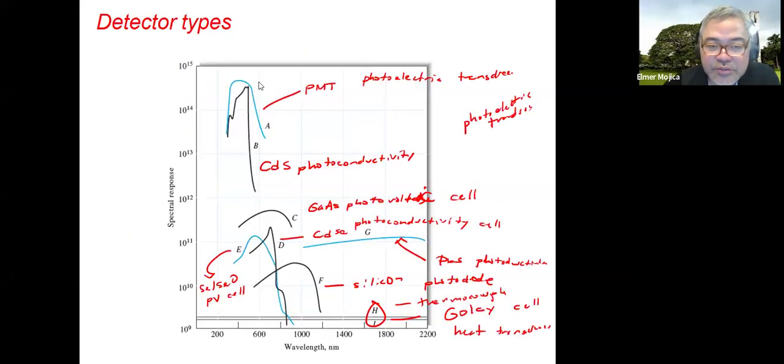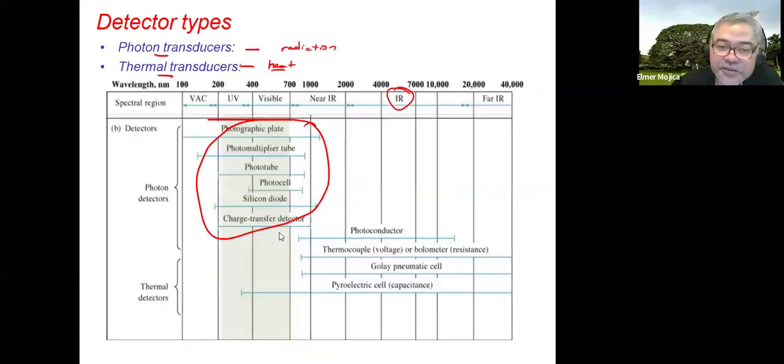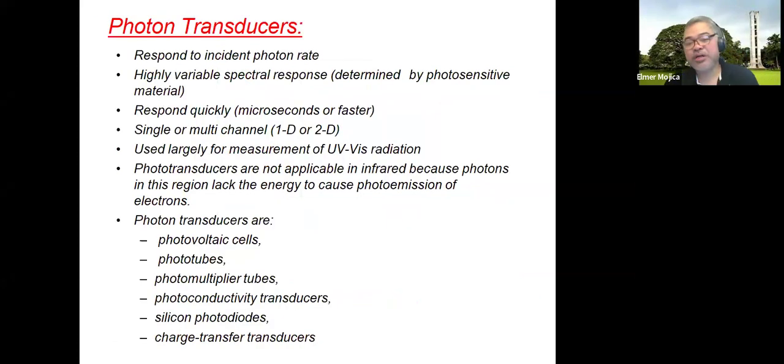Some of them are high, like the PMT and photoconductivity, some of them are low. So there's a variation in the spectral response that they have. It responds quickly, in microseconds or faster. It's a single or multi-channel device, used largely for the measurement of the UV-visible.